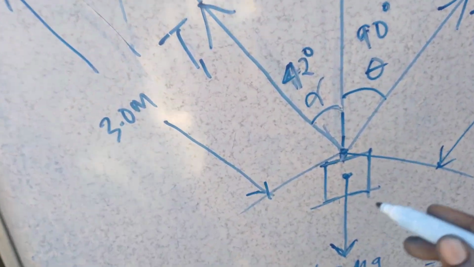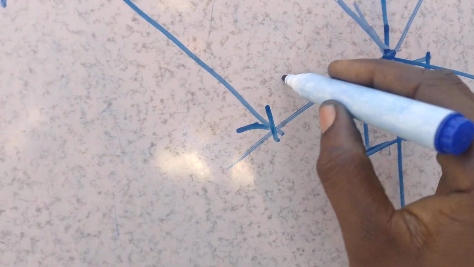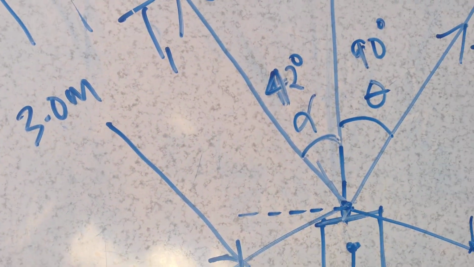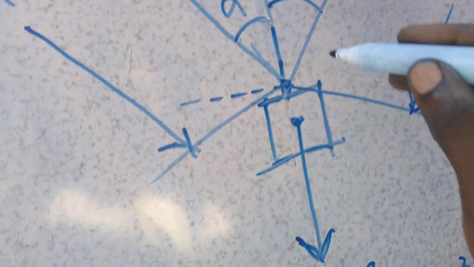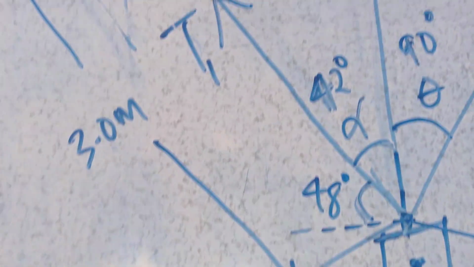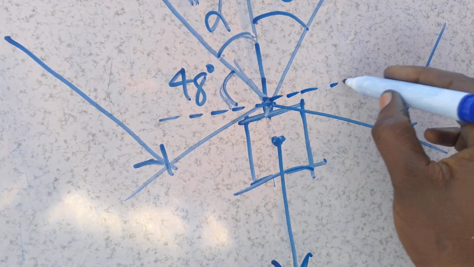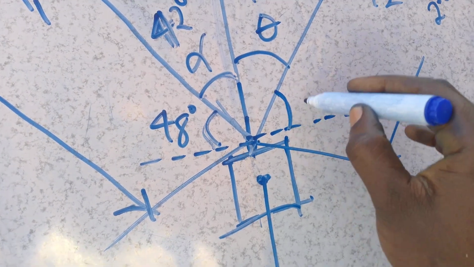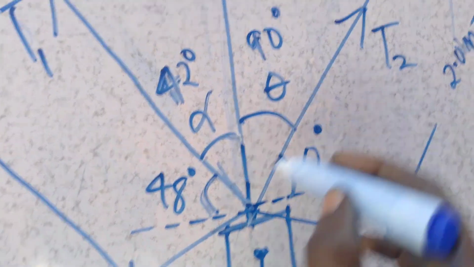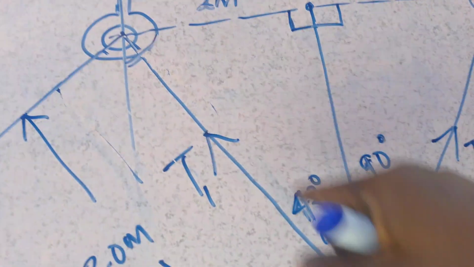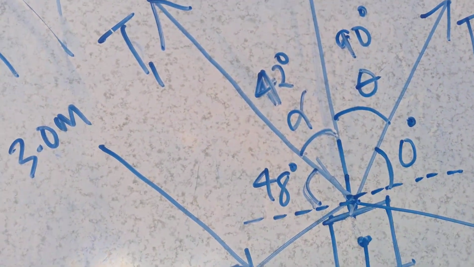And you should know that if here is 42 degrees, 90 minus 42 gives this angle as 48 degrees. Why this other one now? 90 minus 90 is 0. Here is 0 degrees. So this is 48.